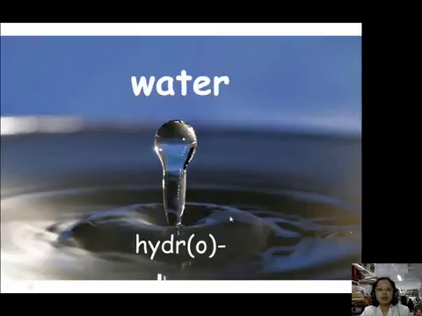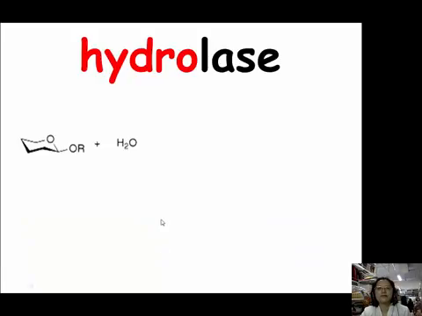For water, we have one prefix, hydro, H-Y-D-R-O, which is the same as hydrogen. Remember the first part of lesson 17. Let's see our example for hydro in water. Hydrolase.